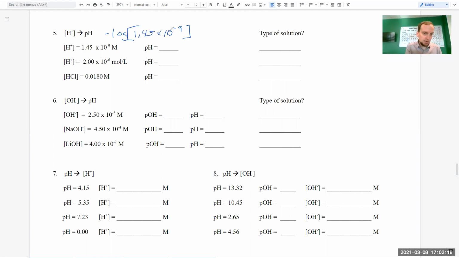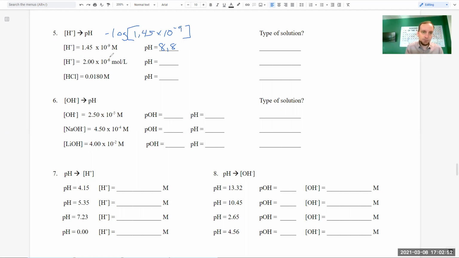I'm going to do negative log 1.45 second E -9, close my parentheses, and I get 8.8, or almost 9. Notice this is a 9 and this is almost 9, because again, this is almost a 1, but not quite. As we get further away from a 1, then that's going to change this further away from that.